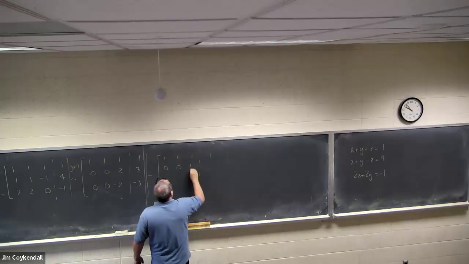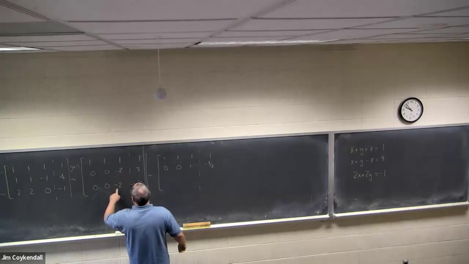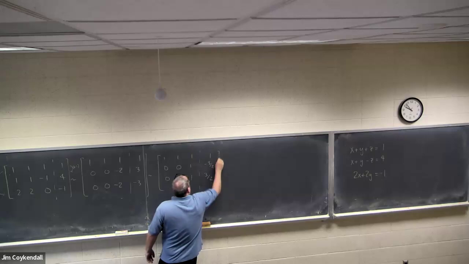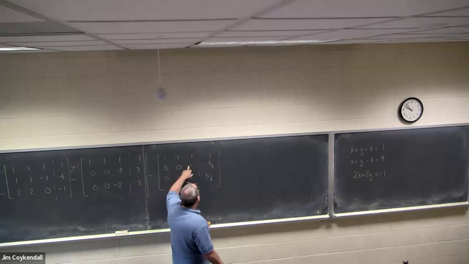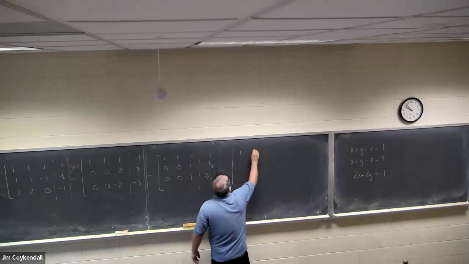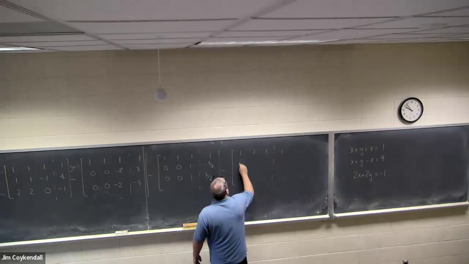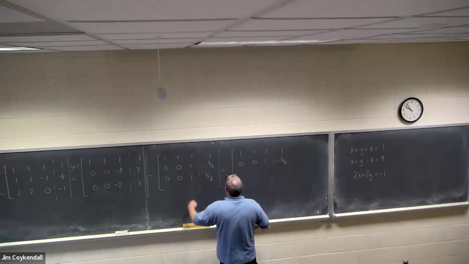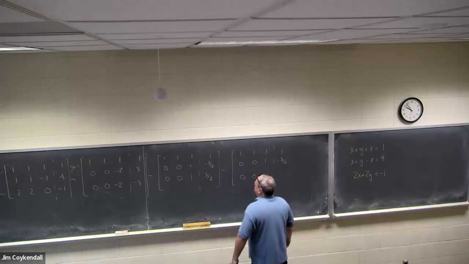Plus 0, 0, 1, minus 3 halves. I'm going to divide by -2 here. And now I'll use this to take this out. 1, 1, 1, 1. I'm not even going to go all the way to the row reduced echelon form. 0, 0, 1, minus 3 halves. Multiply by -1, and I get 0, 0, 0, 3.